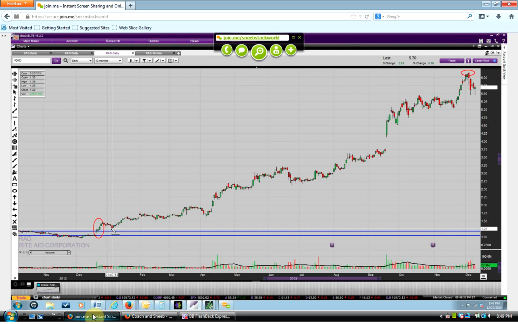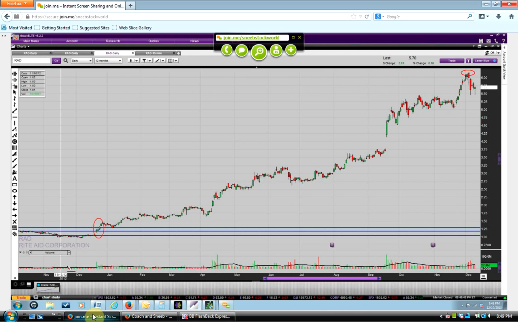Thinking it's going to move up. But here's how you should be thinking. It made a higher low, right? It made a higher low. So you mark it.